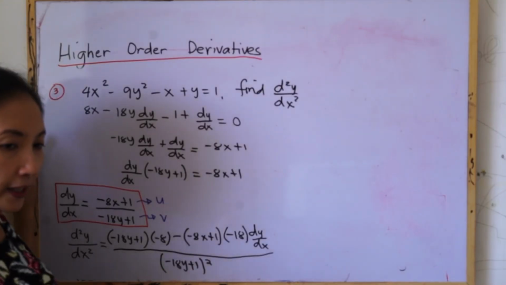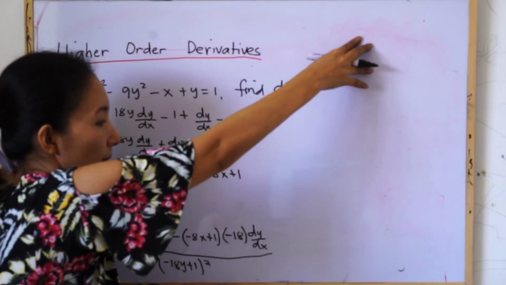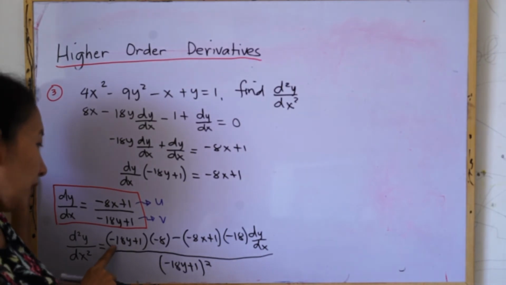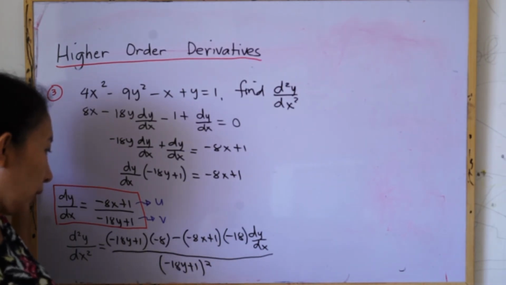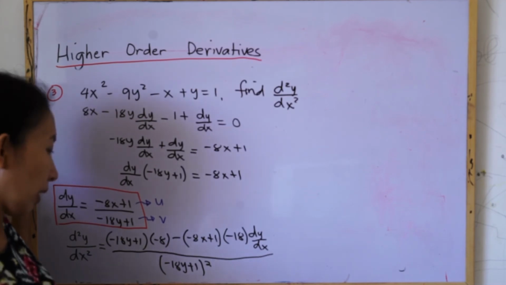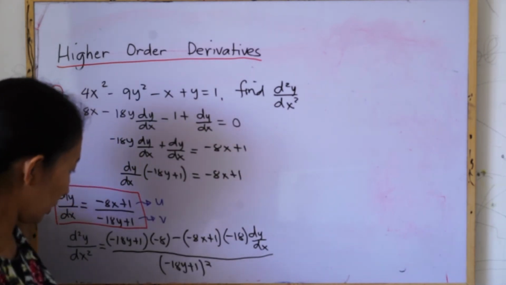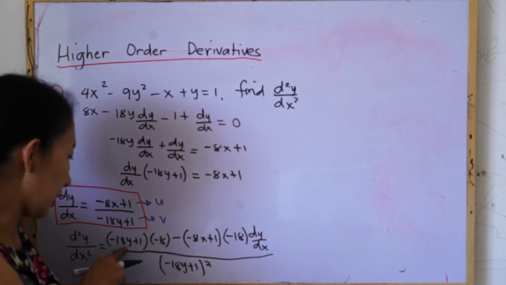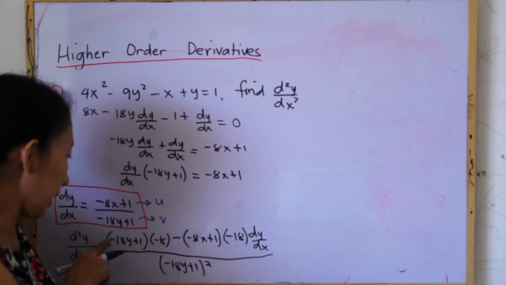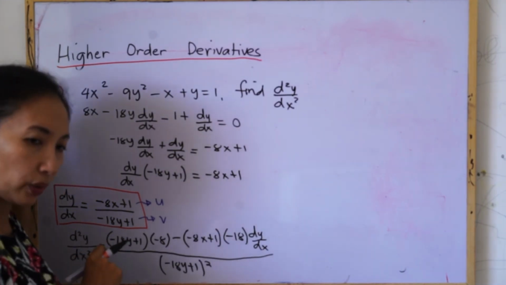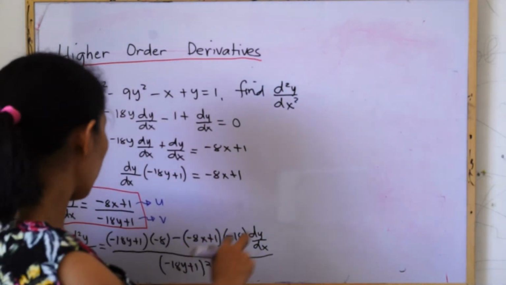By multiplication, you multiply negative 18y plus 1 by 8. 8 times 18 is 144. Correct? 8 times 8 is 64.